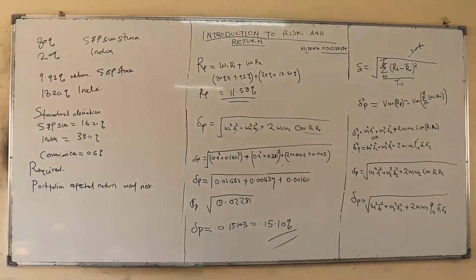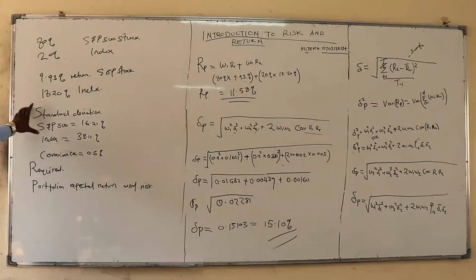But a very interesting thing is that this emerging market index has a return of 18.20 compared to the return of the stock, which is 9.98, almost twice. But again, it has a higher risk, a risk of 33.13, which is twice the risk of the USA stock.